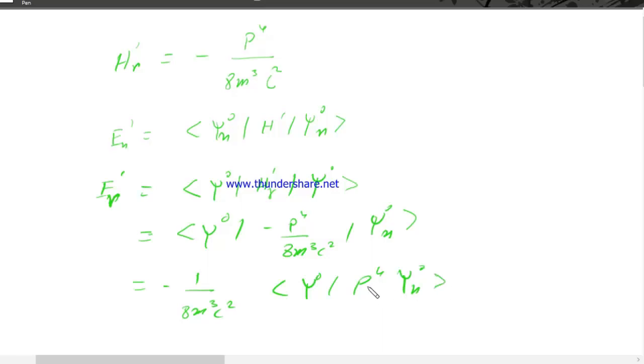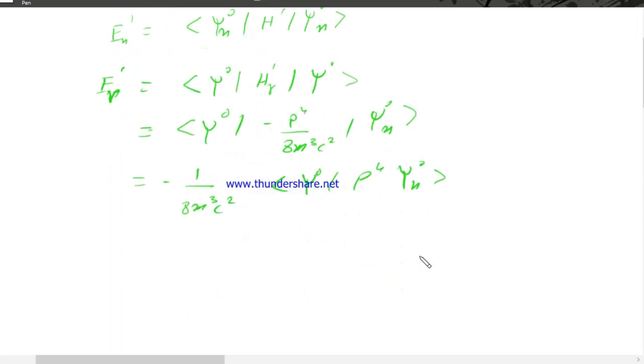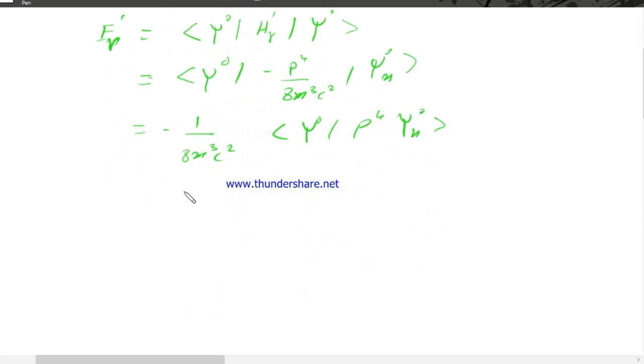Okay, p power 4 is not a Hermitian operator, so we write 1 over 8 m cube c square, psi naught, p square p square psi naught n.